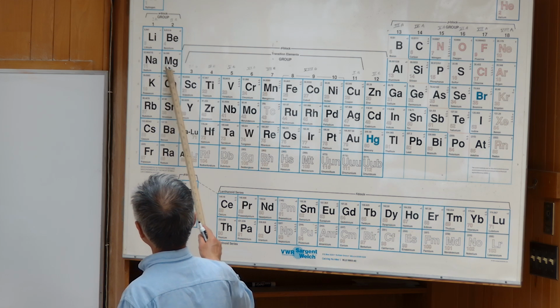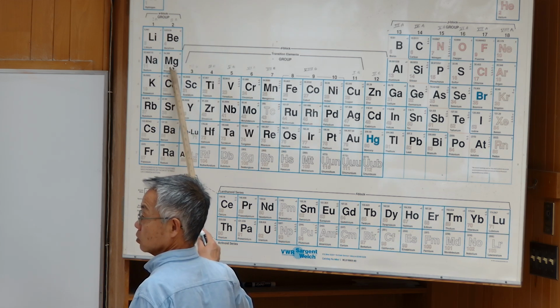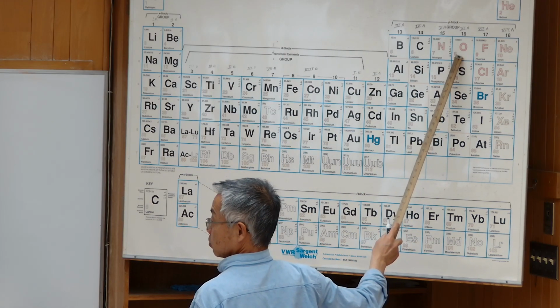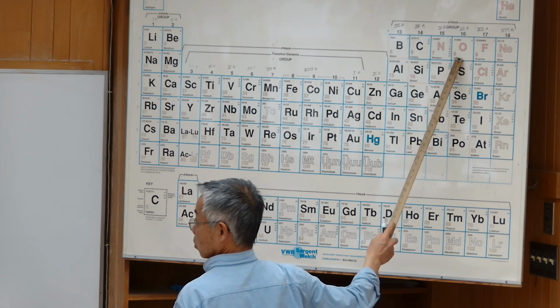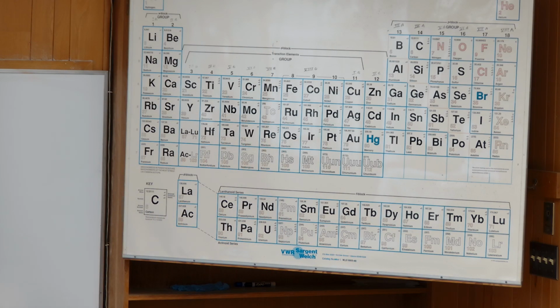Magnesium initially 12. Magnesium 2 plus lost 2, so 10. Oxygen initially 8. Oxygen 2 minus gain 2 more means 8 plus 2 is 10. Right? So all these ions have 10 electrons.